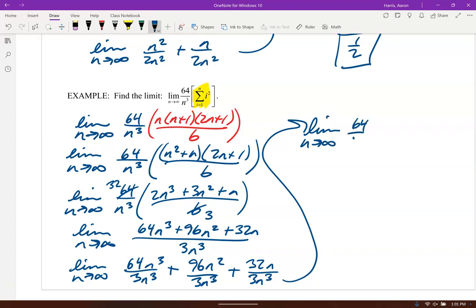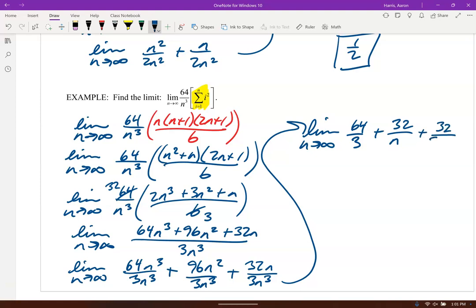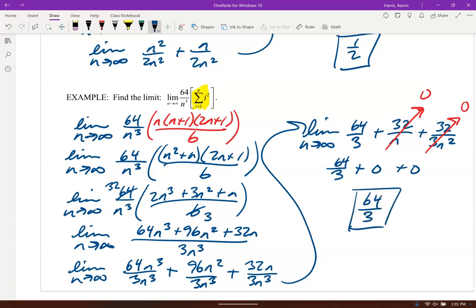So we got 64 thirds plus, let's see, 96 over 3 is 32, plus 32 over 3n squared. As we run this to infinity, that denominator will get huge, so 32 over a huge number, that'll go to 0. That'll go to 0. And so we just end up with that 64 thirds plus 0 plus 0. So 64 thirds would be our solution there on that one.